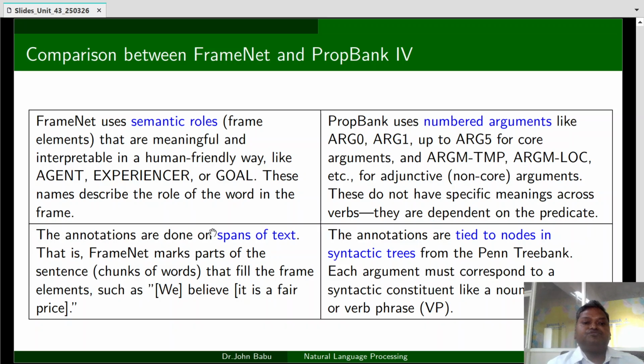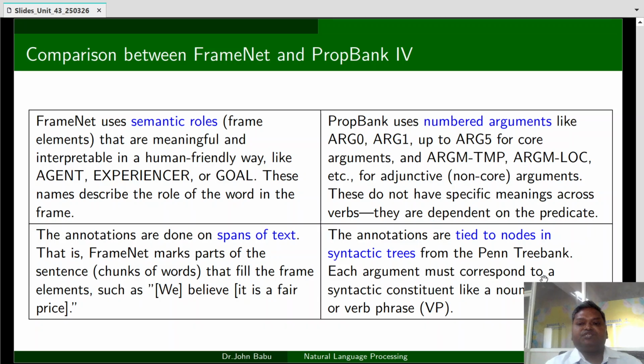In FrameNet, the annotations are done on spans of text, the chunks of words that will fill the frame. In PropBank, the annotations are tied to the nodes in the syntactic trees from the Penn Treebank.